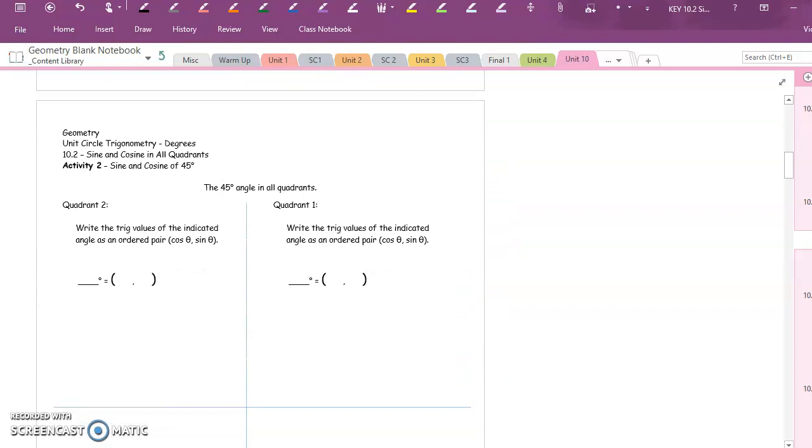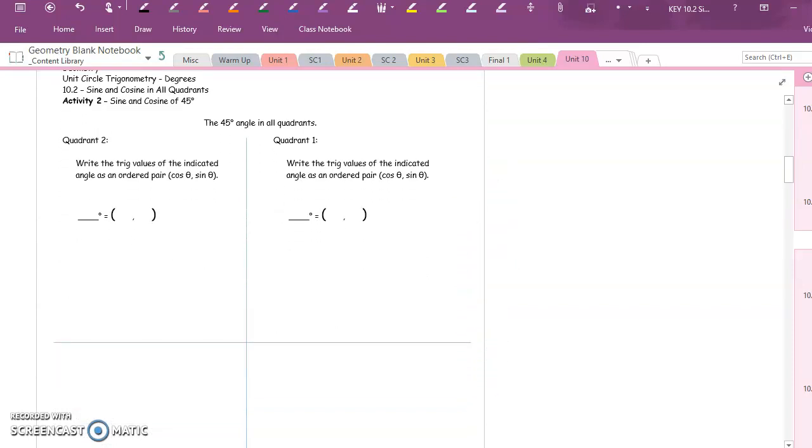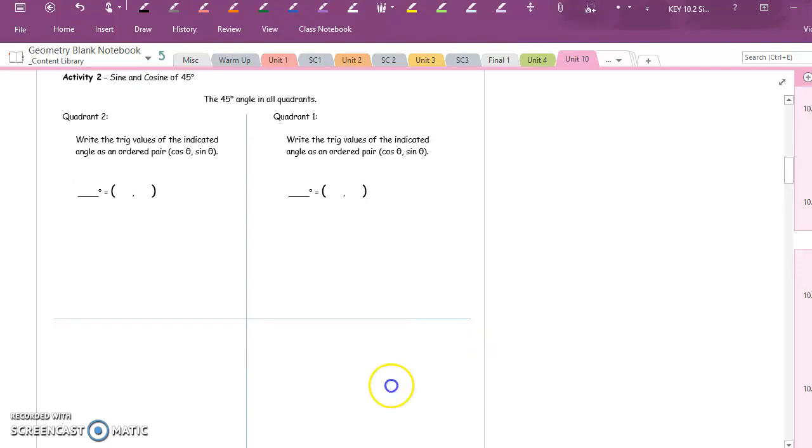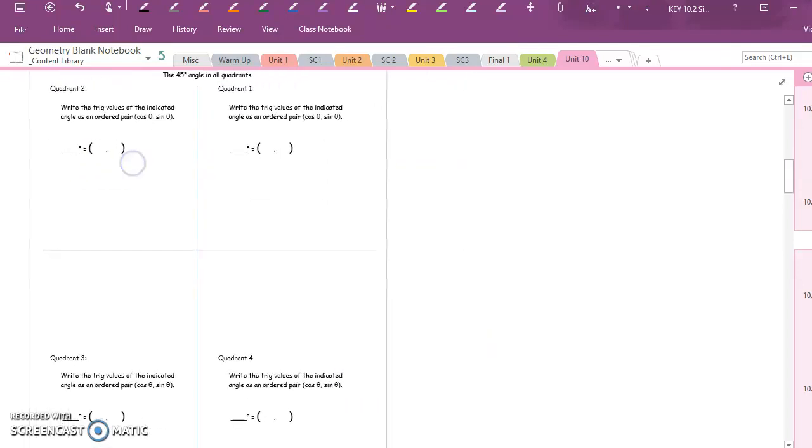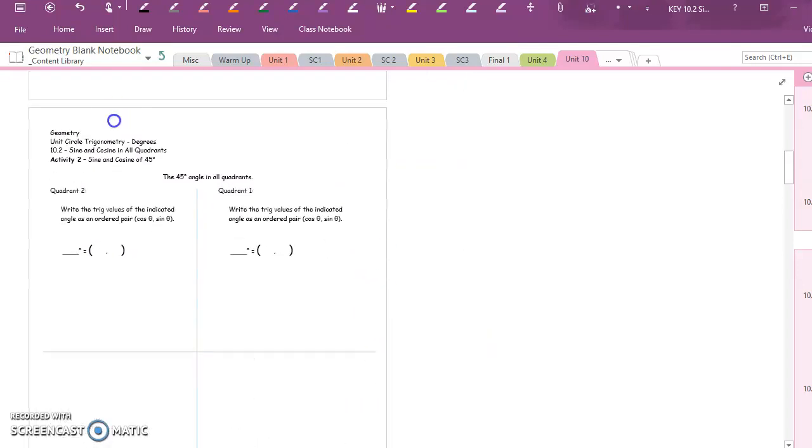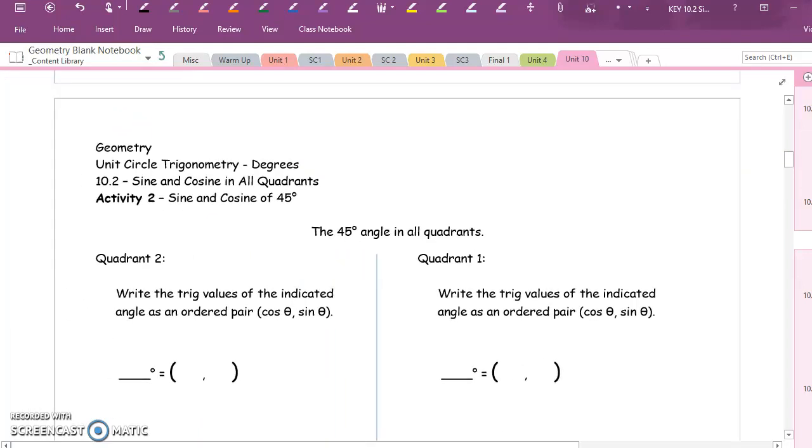Now we're going to be working on 45 degrees in all quadrants. So my page right here is split up into my 4 quadrants. When we're talking about our 45-degree angle in all quadrants, I'm talking about referencing 45 degrees the entire time.